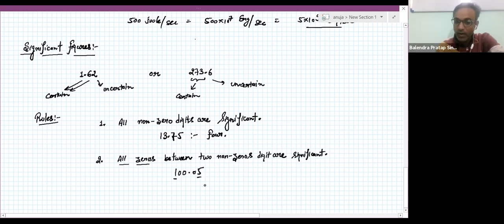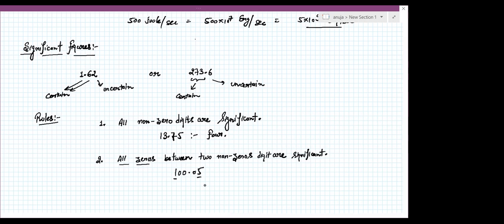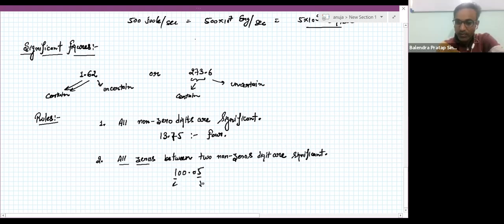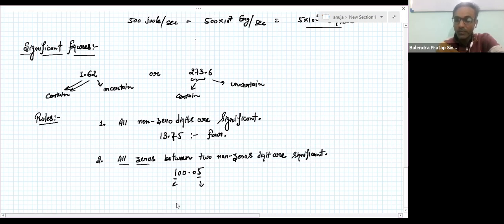So you have to consider all the zeros in between these two non-zeros. So the total number of significant figures here is 5. Is it clear? Yes, sir. 5 is the answer.